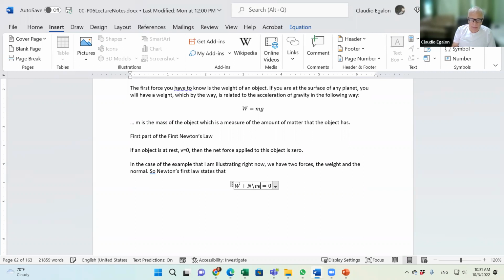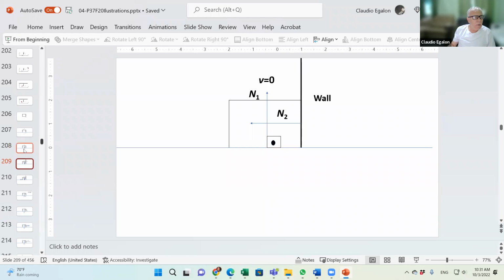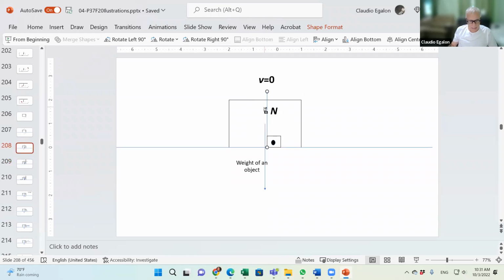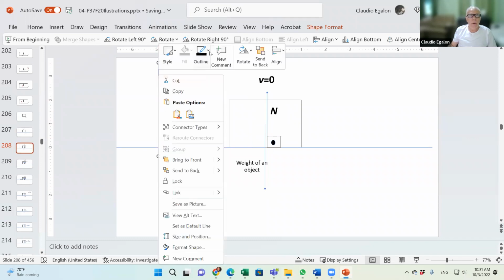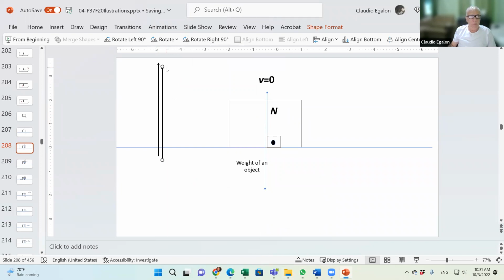Not just at the W, but also at the N. If you already know what the mass of the object is, I'm going to put an X and Y axis here as well. Y axis first, and then the X axis.